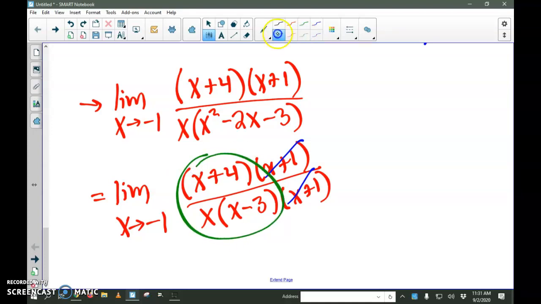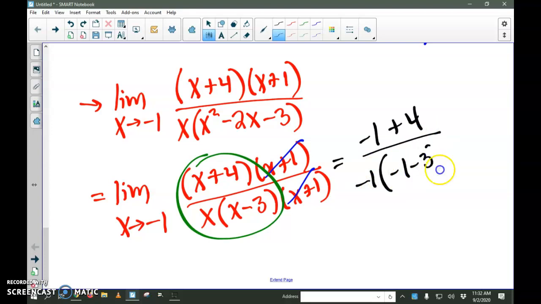So I'm going to go ahead from here and substitute -1 plus 4 divided by -1 times -1 minus 3. And again, I dropped the limit as x approaches -1 because I'm substituting into my remaining function in order to evaluate the limit.